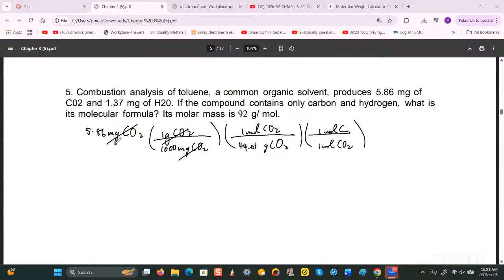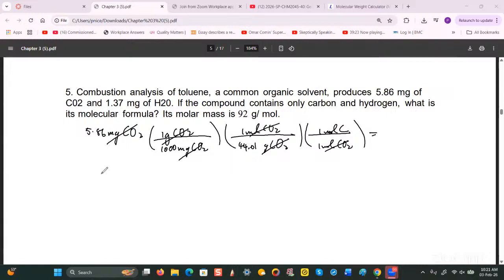Okay, so as I was saying, this will cancel out with that, this will cancel out with this. Now in the previous question, I went on to determine the mass of carbon based on the moles. But when it comes to compounds containing carbon and hydrogen only, we don't need to do that. You're going to see why shortly. But let me just do this calculation right here.